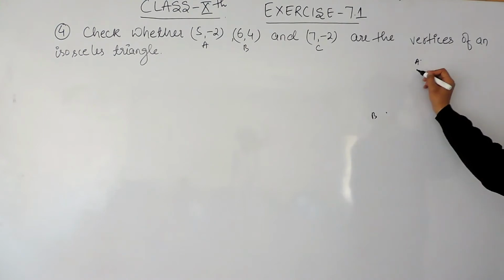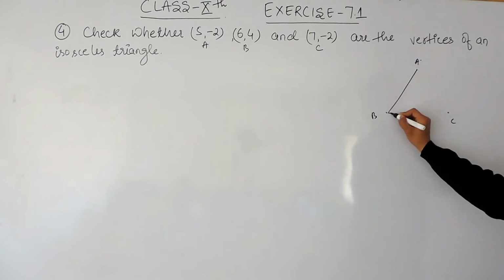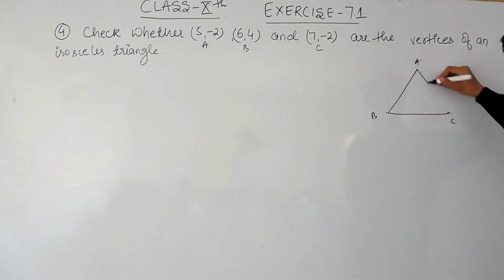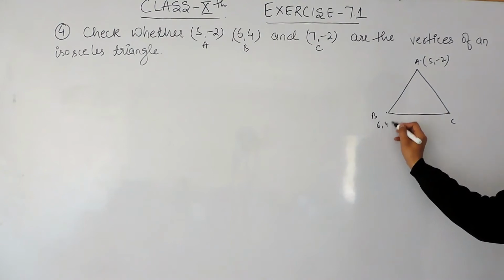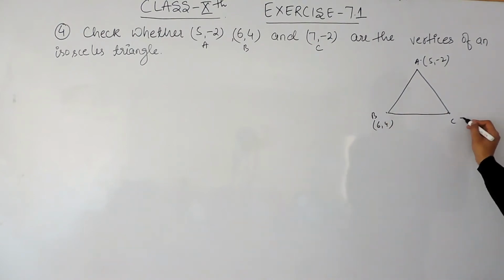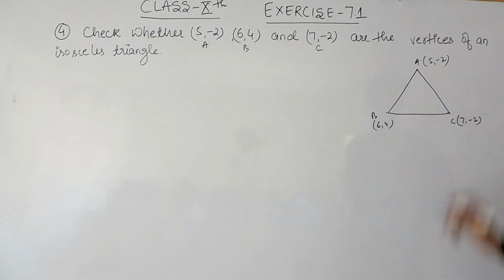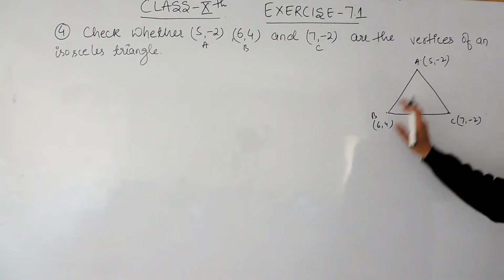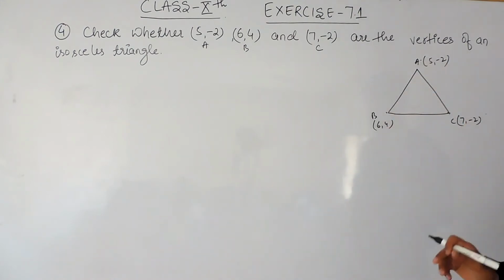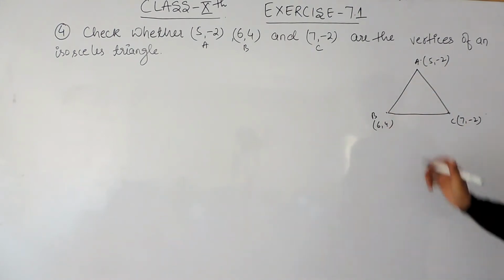And if I join these 3 points, they will form a triangle. And you have to prove that these 3 points are the vertices of an isosceles triangle.